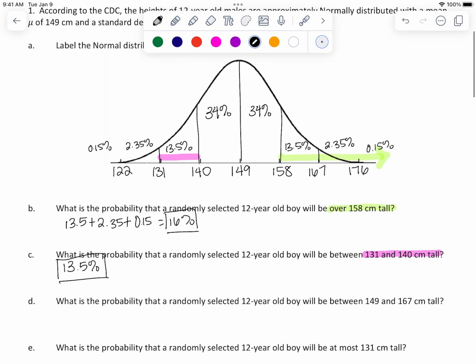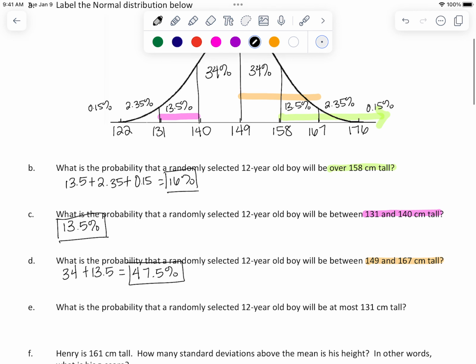What's the probability a randomly selected 12-year-old boy will be between 149 and 167 centimeters tall? So 149 to 167 is going to be from here to here. So we can add 34 plus 13.5, which is going to give us 47.5%.